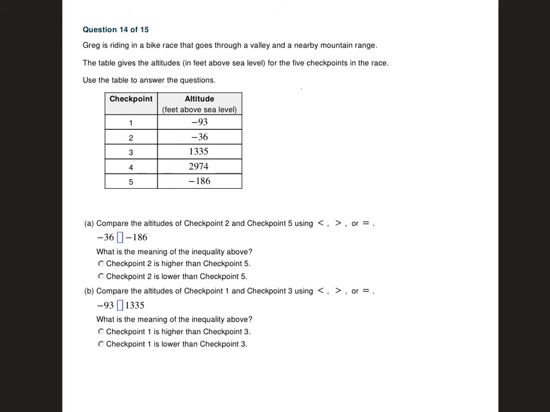Question number 14 says, Greg is riding in a bike race that goes through a valley in a nearby mountain range. The table gives the altitudes, so that's the feet above sea level, for the 5 checkpoints in the race. Use the table to answer the questions. Question A says, compare the altitudes of checkpoint 2, negative 36, compared to negative 186.